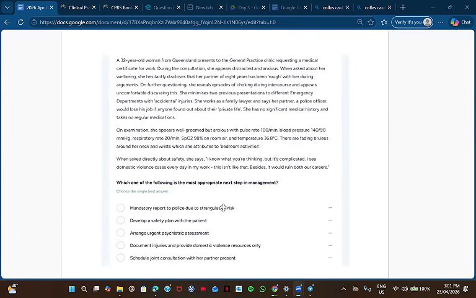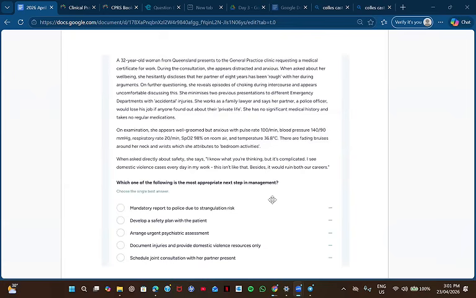On further questioning, she revealed episodes of choking during intercourse and appears uncomfortable discussing this. She minimized two previous presentations to different emergency departments with accidental injuries.